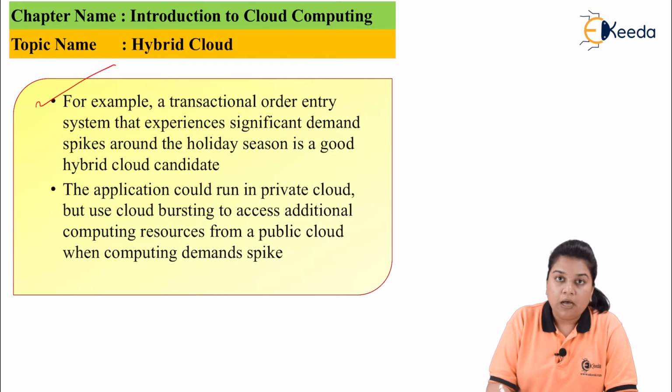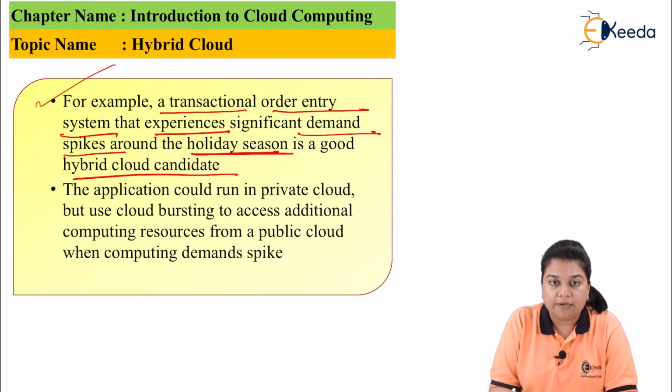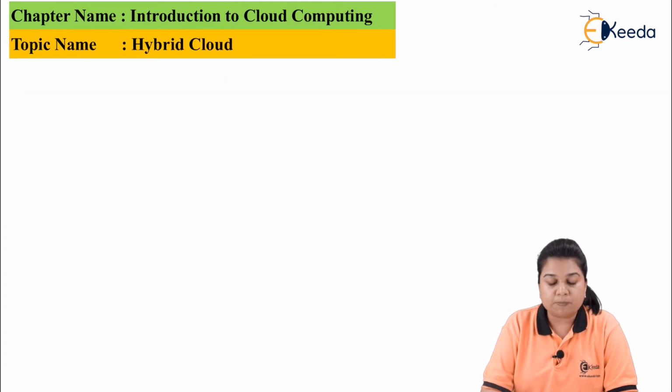For example, a transactional order entry system that experiences significant demand spikes around the holiday season is a good hybrid cloud candidate. The application could run in a private cloud but use cloud bursting to access additional computing resources from a public cloud when computing demands spike.